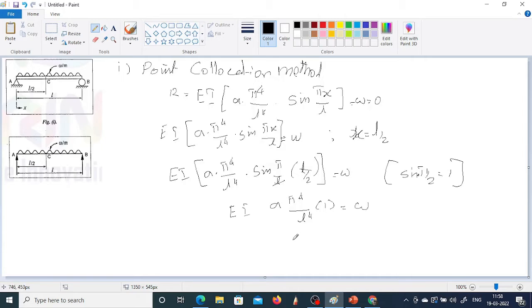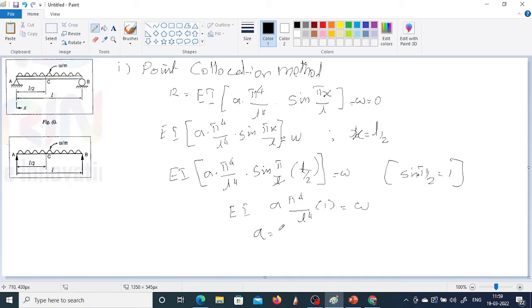So I can rewrite the term A is equal to. What can I identify in the trial function? A is the parameter, so I should find out the parameter A value.